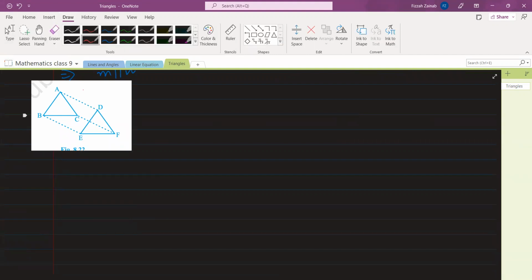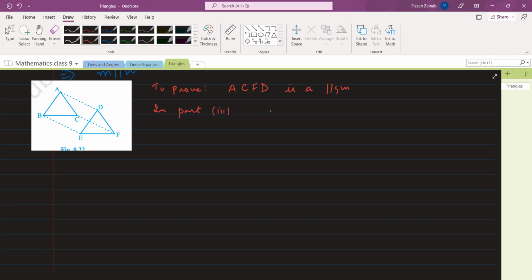In this part, you have to prove that quadrilateral ACFD is a parallelogram. So this is the continuation of what we just did, right? In the previous part, third, what have we proved?